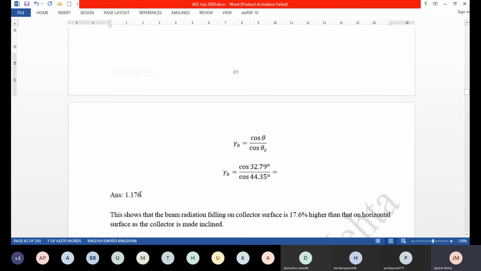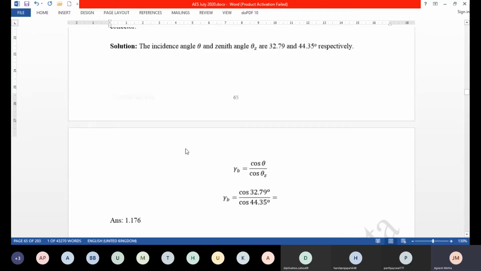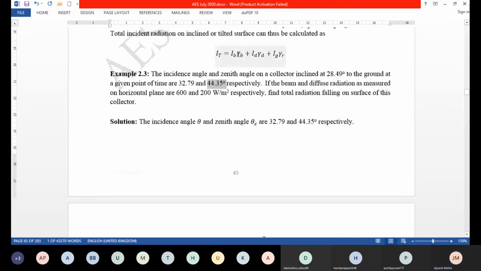So 1.176, what does it mean? Your gamma B is 1.176. Now on horizontal plane, how much is beam radiation available? Beam radiation is available 600 watt per meter square.